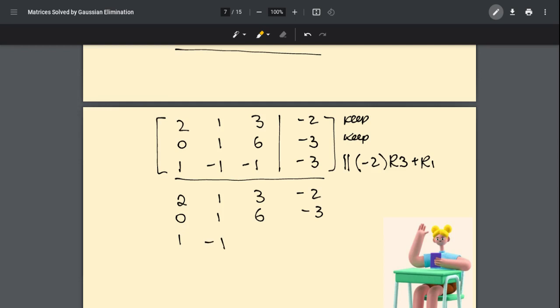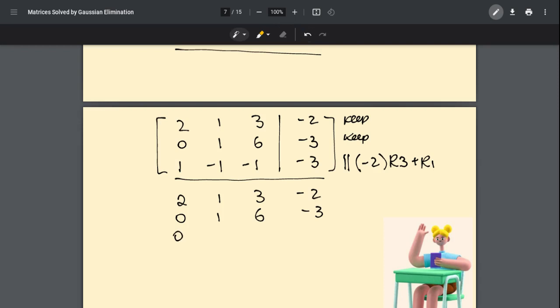So what did I multiply? This by -2, then I added 2 minus 2 gives me 0 right here.